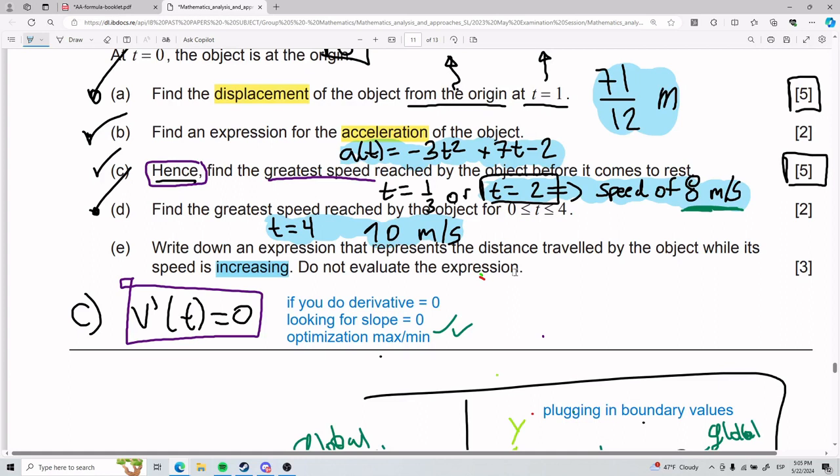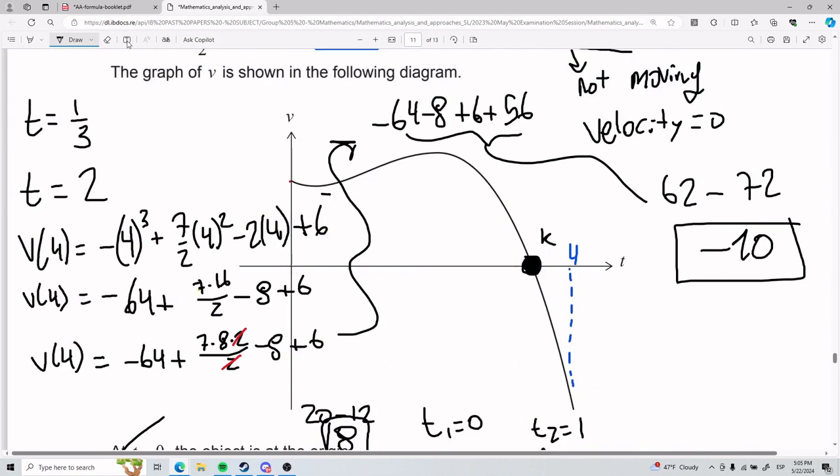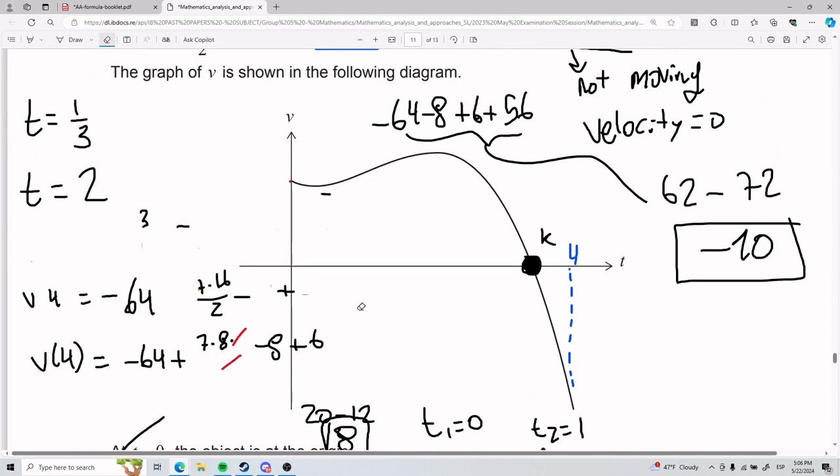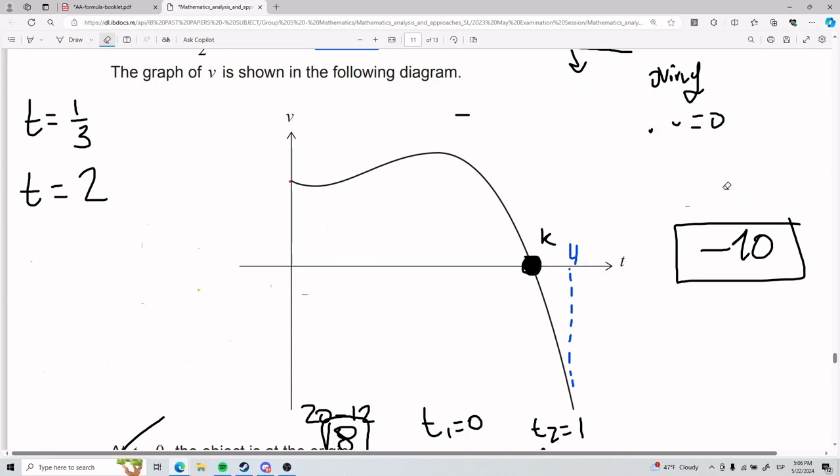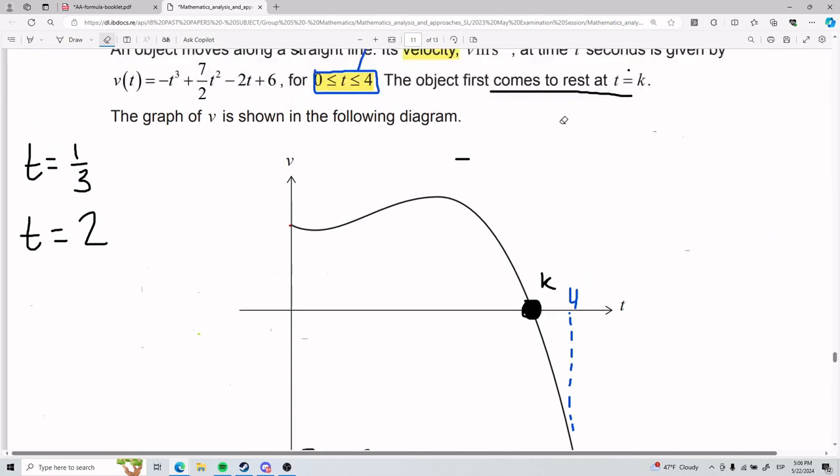And so, well, this is pretty hard, but I'll try to explain it the best I can. So let me make a little bit of space here. So this is the last part of the exercise. You already have a lot of context of how the object behaves, where the maximums were, where the minimums were. And the point is that you need to identify where the speed is increasing.